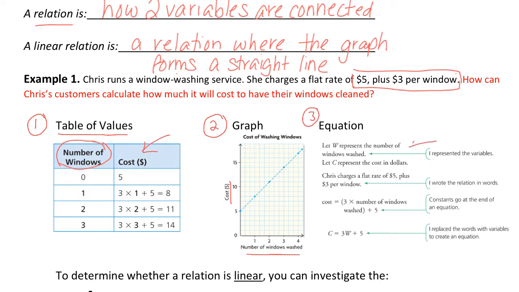We set up our let statements like we did two units ago, and we can come up with a relationship equation. So I have $3 times the number of windows plus a flat fee of $5, and that gives me my final cost. So those are the three ways we can compare or find out how much it would cost to have someone's windows cleaned.